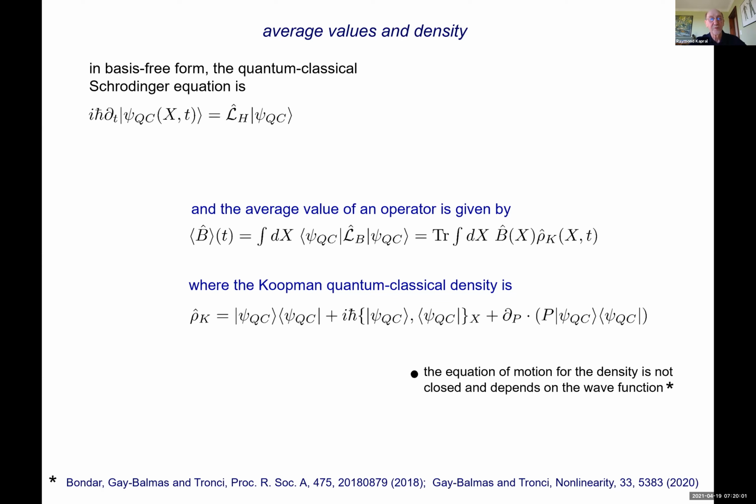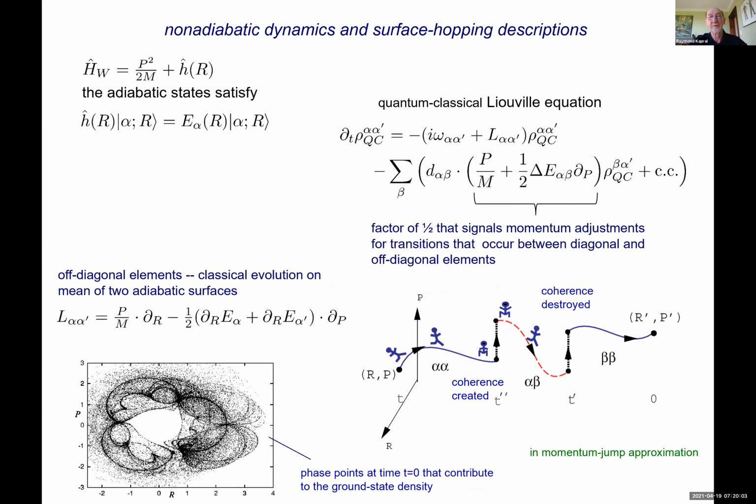Okay, so now we want to start contrasting these approaches. And so first, let me spend some time just talking about the way one often simulates and thinks about quantum classical dynamics in the context of non-adiabatic dynamics, that is, transitions between adiabatic states.